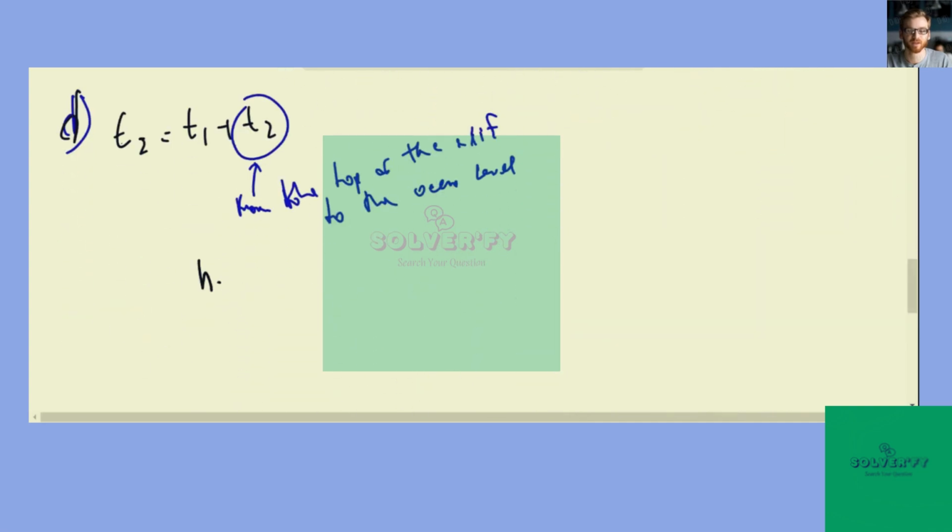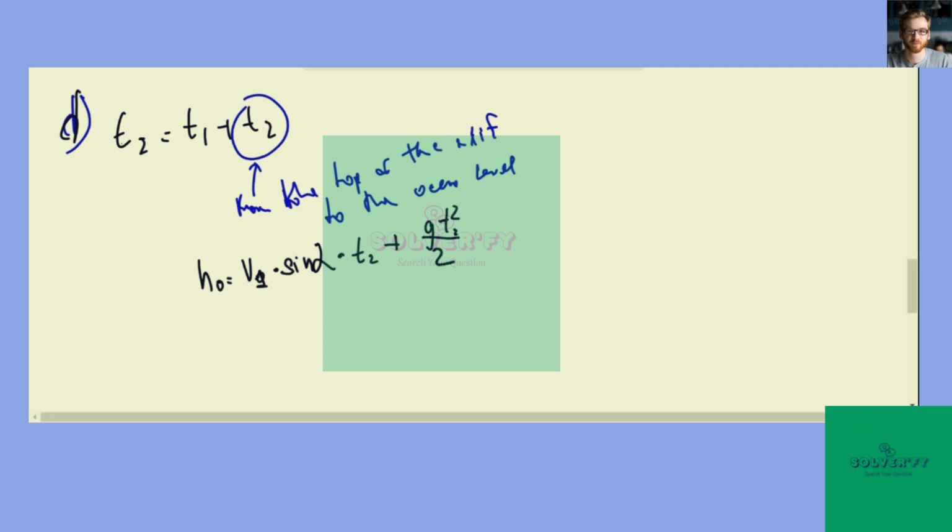Therefore h0 equals v1 times sine alpha times t2 plus g t2 squared. Okay, now we have to calculate t2 from this equation.